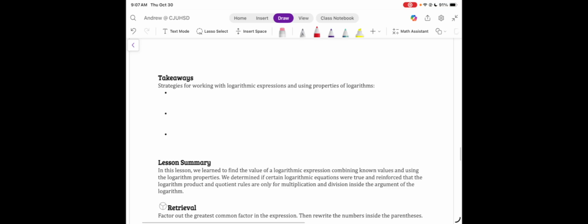Okay, so a few takeaways then. Strategies for working with logarithmic expressions using properties of logs. As always, look for powers of the base, like, for example, when we did log base 2 of 4.